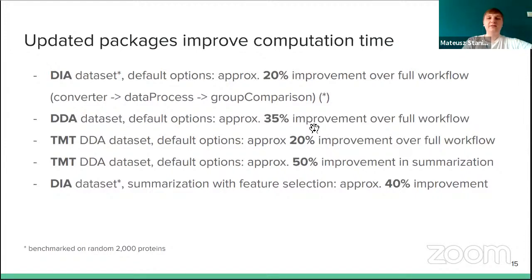With TMT data and full workflow, one of our test data sets, 20% improvement again. Summarization itself, for one of the big data sets, 50% improvement in running time. And feature selection with a DIA data set, 40% improvement in computation time for the summarization step, so the data process function.